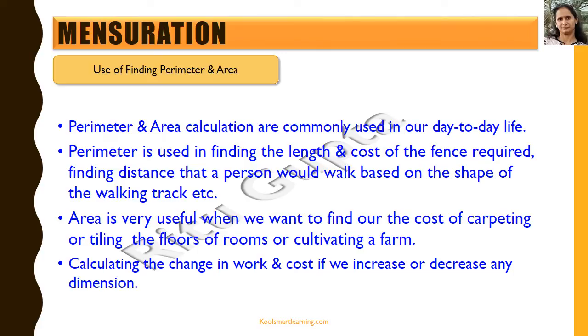So you want to calculate the change in the work, and hence the costing. That can be done again by finding out the areas, and in some cases the perimeters. So these are some of the examples where we use these things in our day-to-day life.